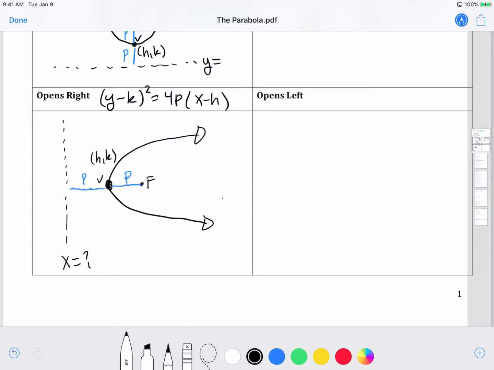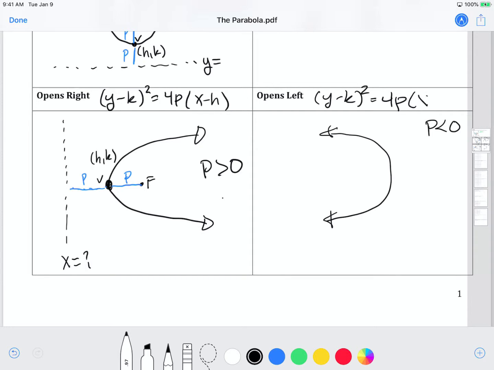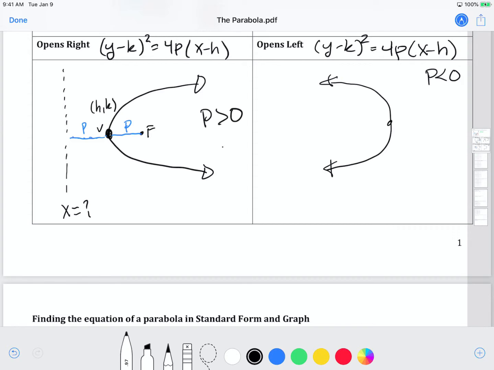Now, if it opens to the right, your value of p is going to be positive. When it opens to the left, your value of p is going to be negative, but you'll still have the same standard form of the equation. You would still have a vertex (h, k).